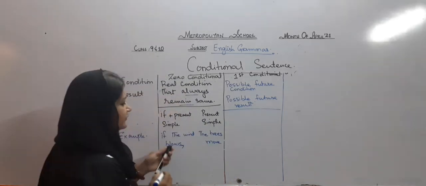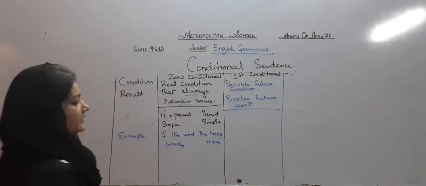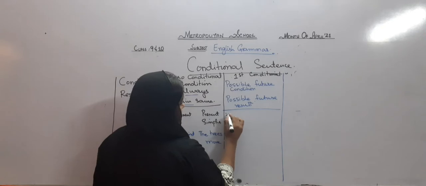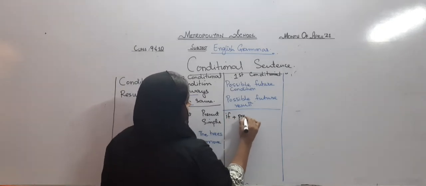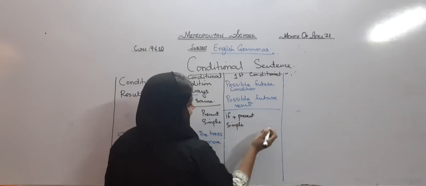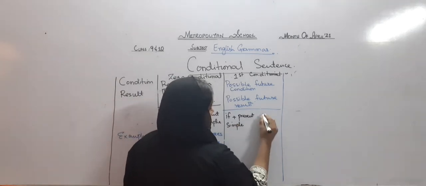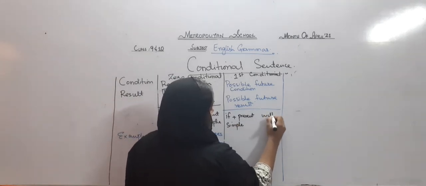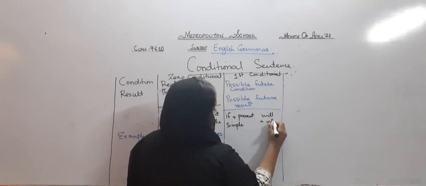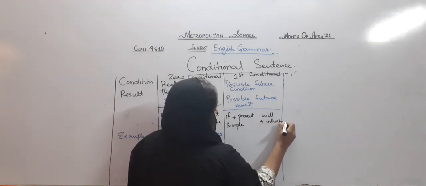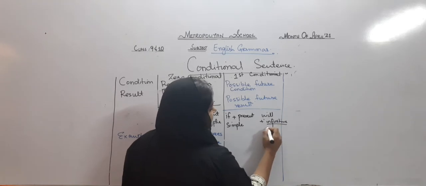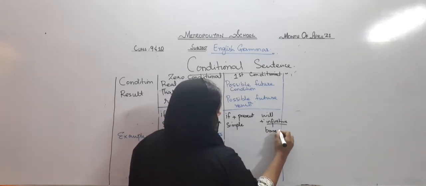If we talk about the formula, it is if with present simple for the if clause, and for the main clause, will with infinitive. Here is a new word for you, infinitive. What is infinitive? This is the base form of the verb.